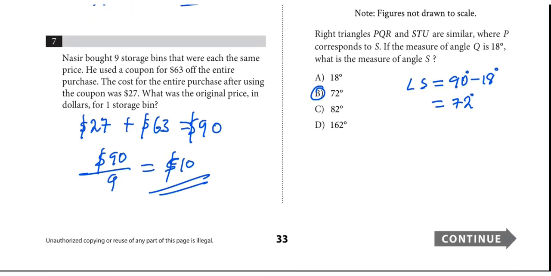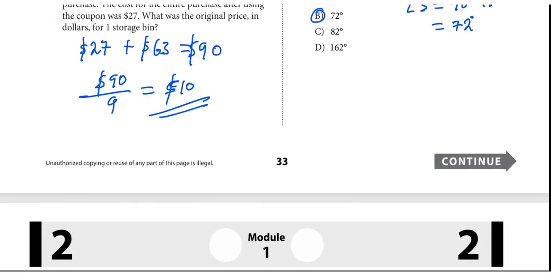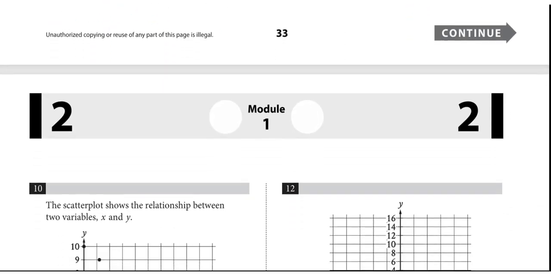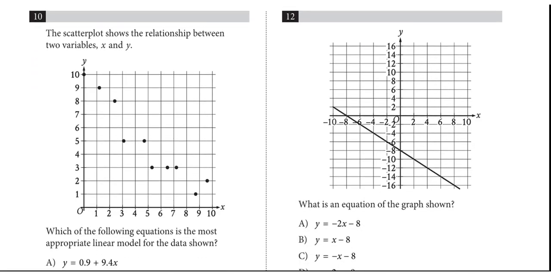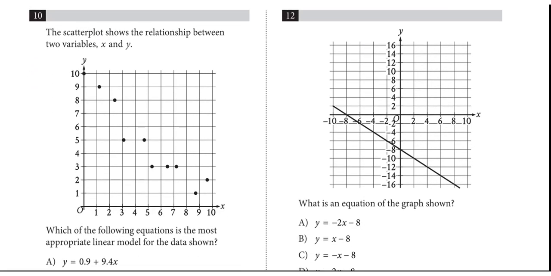All right, let's go to question 10. Okay, so question 10. The scatter plot shows the relationship between two variables, x and y. Which of the following equations is the most appropriate linear model for the data shown?